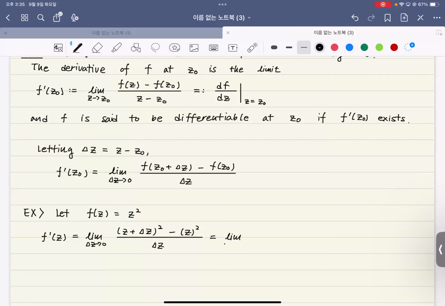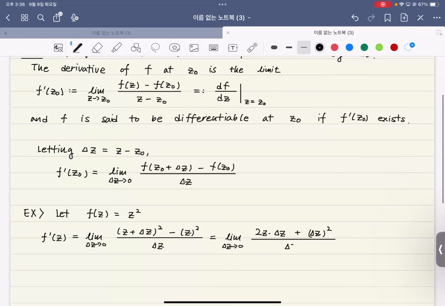So this is 2 times z times delta of z plus delta of z squared over delta of z.